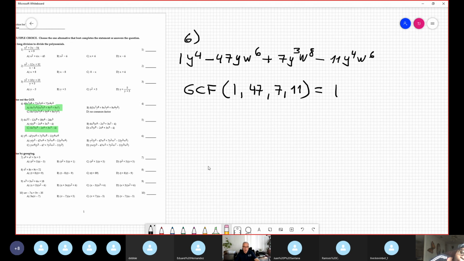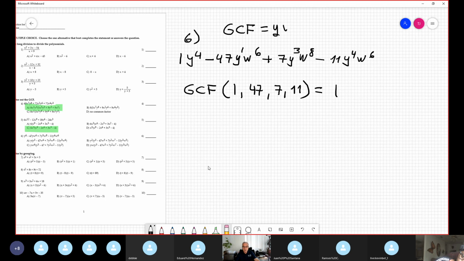So, in the numerical part the GCF is 1, which is invisible. In the y part, the powers are 4, 1, 3, and 4, so we only have 1 y.